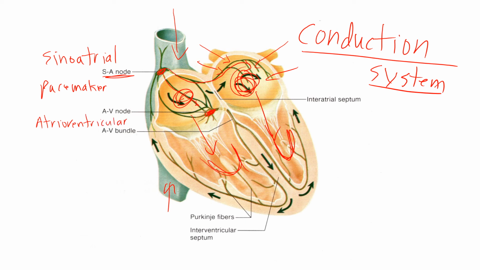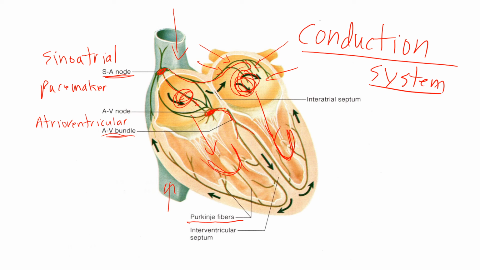And it's delayed a little bit. Then it has to go through this thick fibers called the AV bundle or atrioventricular bundle. That's the thick part right here. Okay, and when it branches off, these branches are known as Purkinje fibers. And you can see that continuing down here, it looks like a nerve.